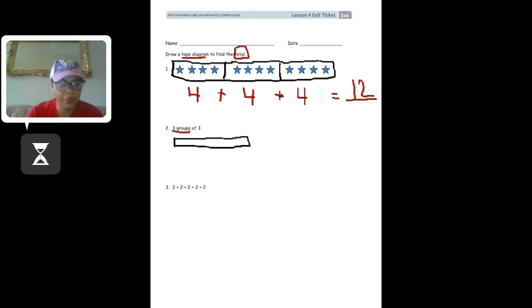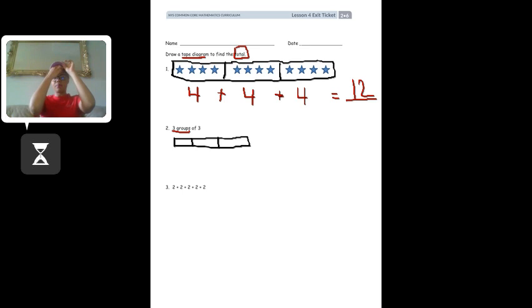So I'm going to draw a line here to be one equal size group. Then I'm going to draw another one right here to equal the second equal size group. And then I have one more on the end. That's my last equal size group. So I have three equal size squares, three equal size groups inside of my tape diagram.